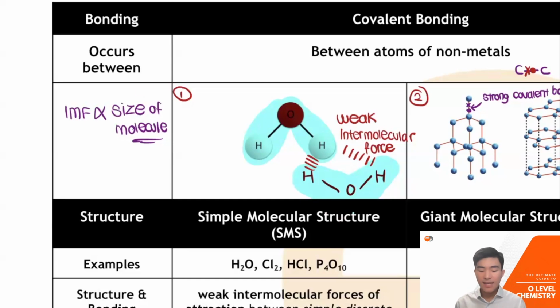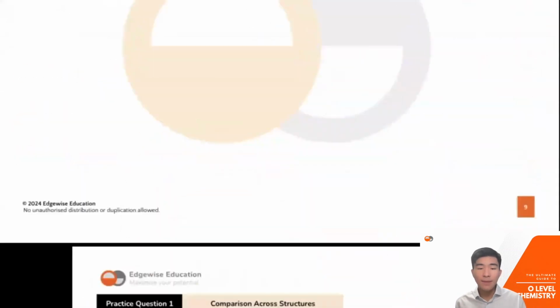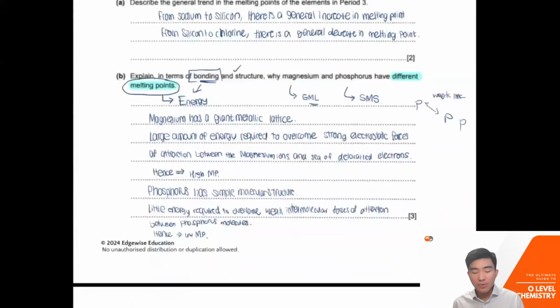Although I say it's a stronger intermolecular force, does it mean that it is a strong force? No, it is not a strong force. It is still a weak force, just that it is stronger, less weak. Okay, less weak.